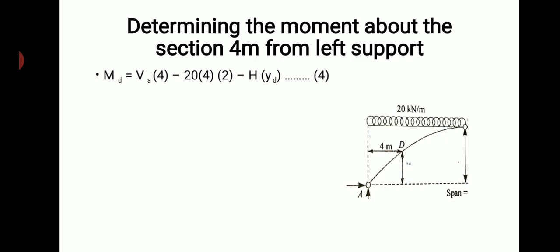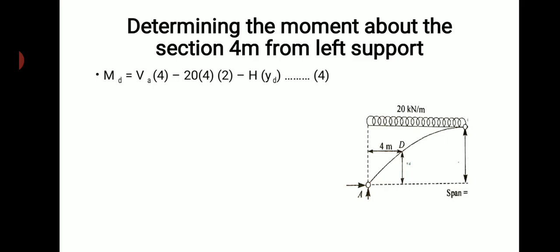So the moment about D is equal to VA into 4, clockwise, hence positive, and then 20 kilonewton per meter is acting. It is not for the span of 10 meters, but for a span of 4 meters. Why 4 meters?